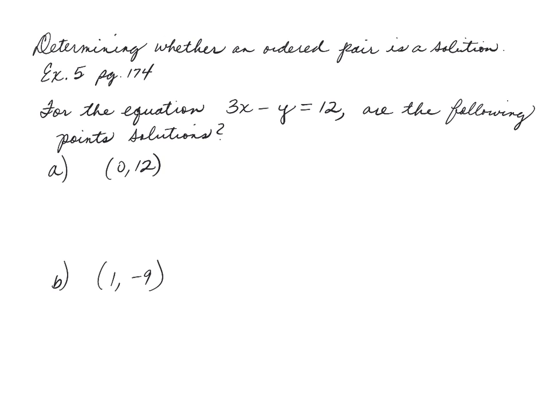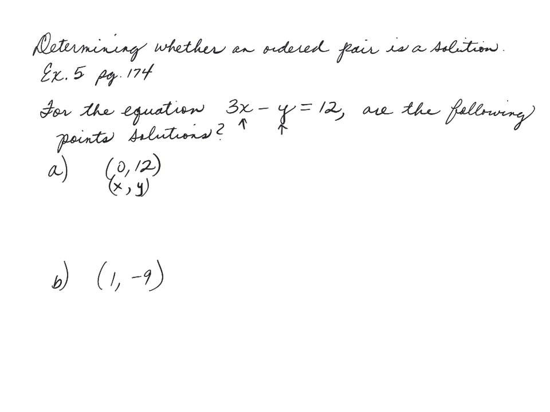In part A, we have an x value of 0 and a y value of 12. We want to see if we plug a 0 in for x and a 12 in for y, will we get a true statement?